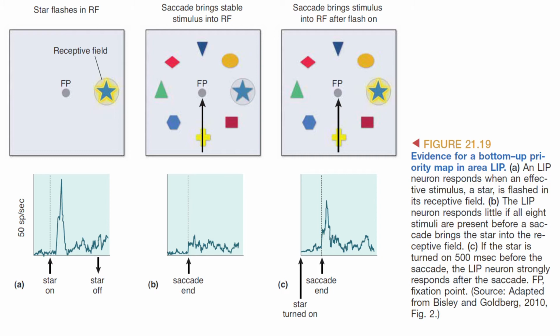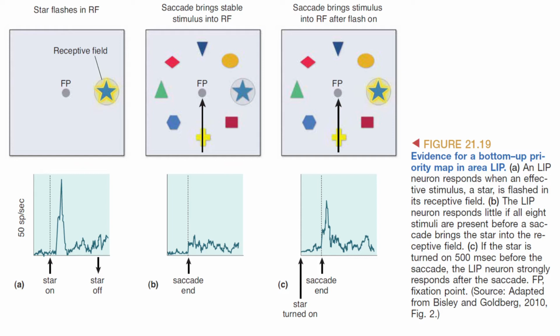The receptive field is located exactly there in the image, and they show the image of a star in there. When the star is there alone, you can see in figure A that action potentials are very, very strong, and they respond to the stimulus located in the receptive field.